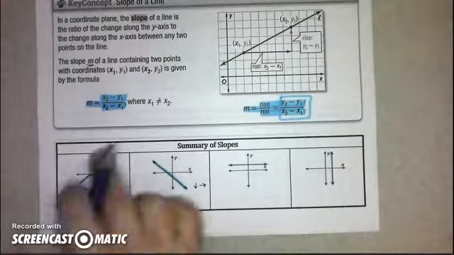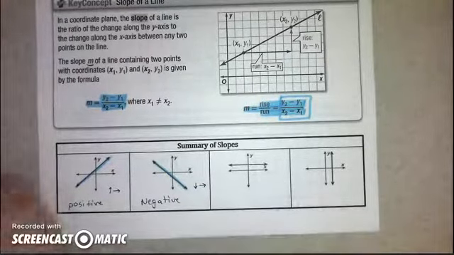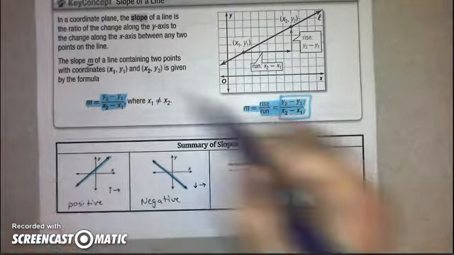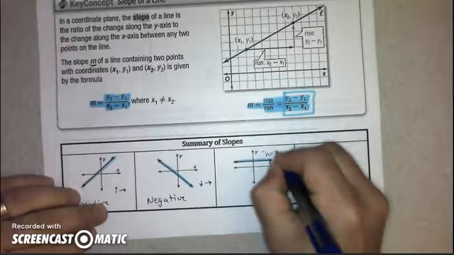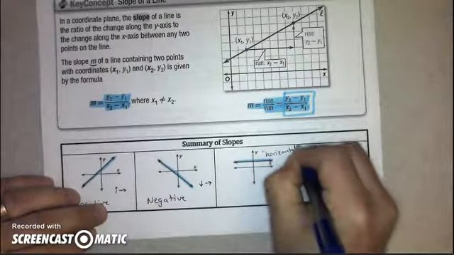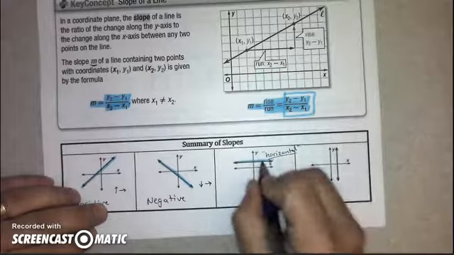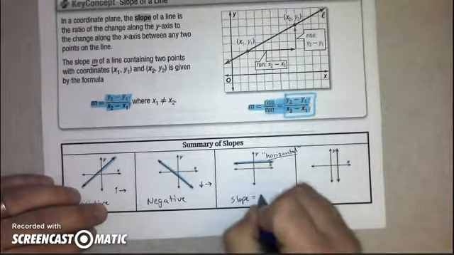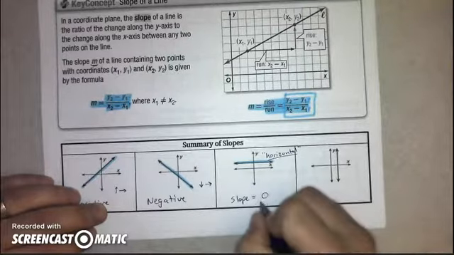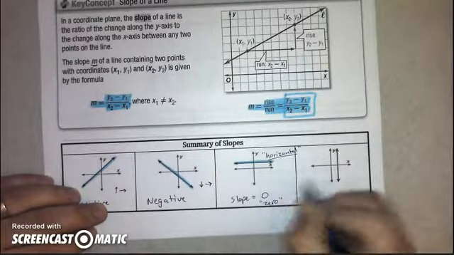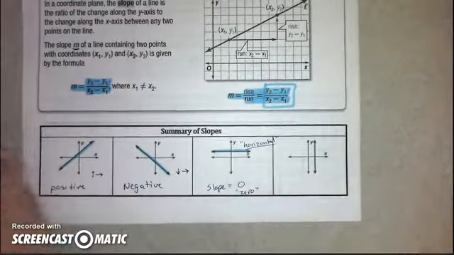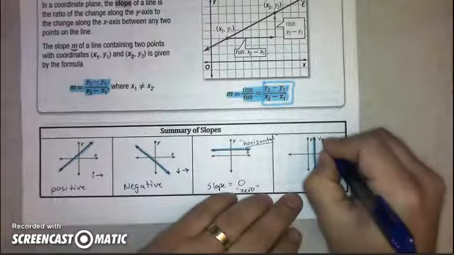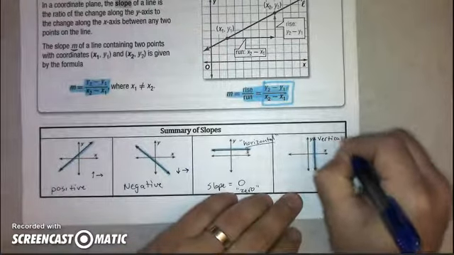If it doesn't go up and to the right or down and to the right, there are 2 other possibilities. This line is what we would call horizontal, but the slope is considered to be a 0 slope. And this line is what we'd consider to be vertical. It goes up and down.